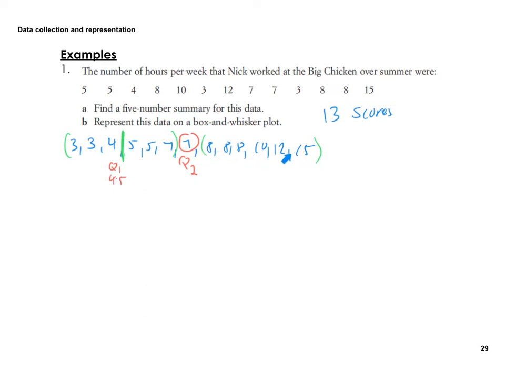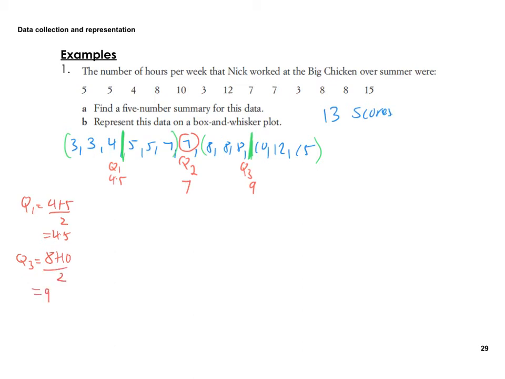Now my middle of this is going to be right here, and that's going to be 9. Okay. And Q2 is 7. Just to write the working out as well, so Q1 equals 4 plus 5 over 2, which is 4.5, and Q3 equals 8 plus 10 over 2, which is 9.